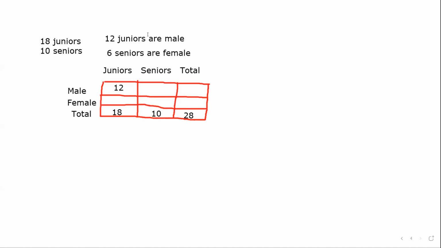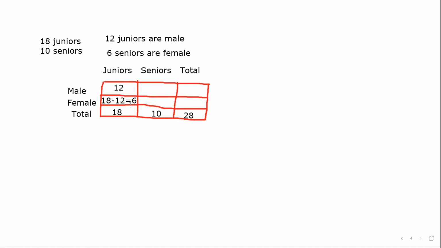So 18 minus 12 would be how much? 6. Very good. Sometimes you have to do a little extra work. 18 minus 12 is where we get 6 from.